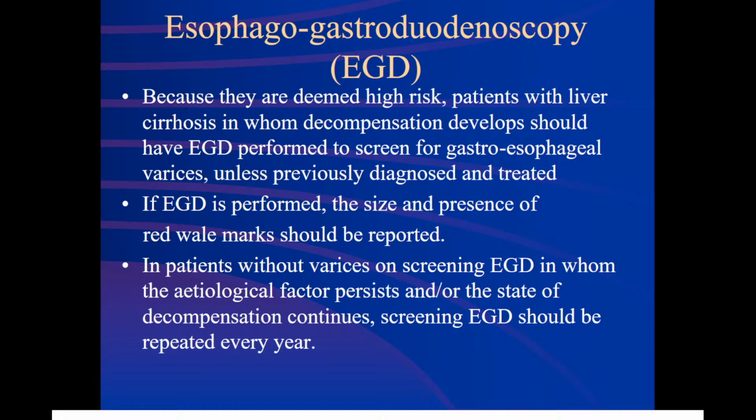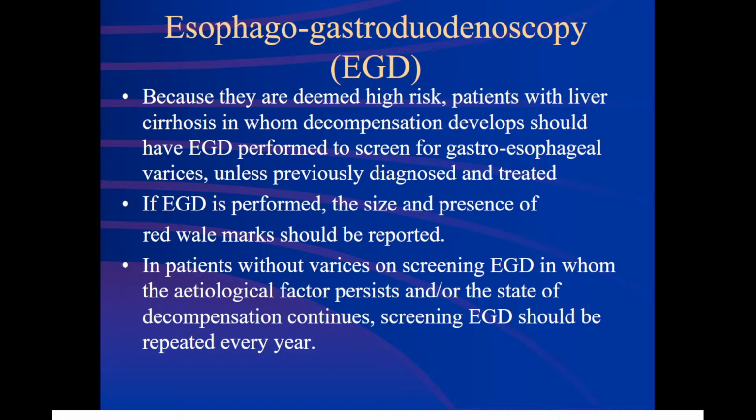If a patient develops more severe clinical symptoms of cirrhosis, if ascites, for example, progresses and weakness progresses, in this case the patient has to be sent for EGD. If EGD is performed, the size and presence of red wale marks should be reported.